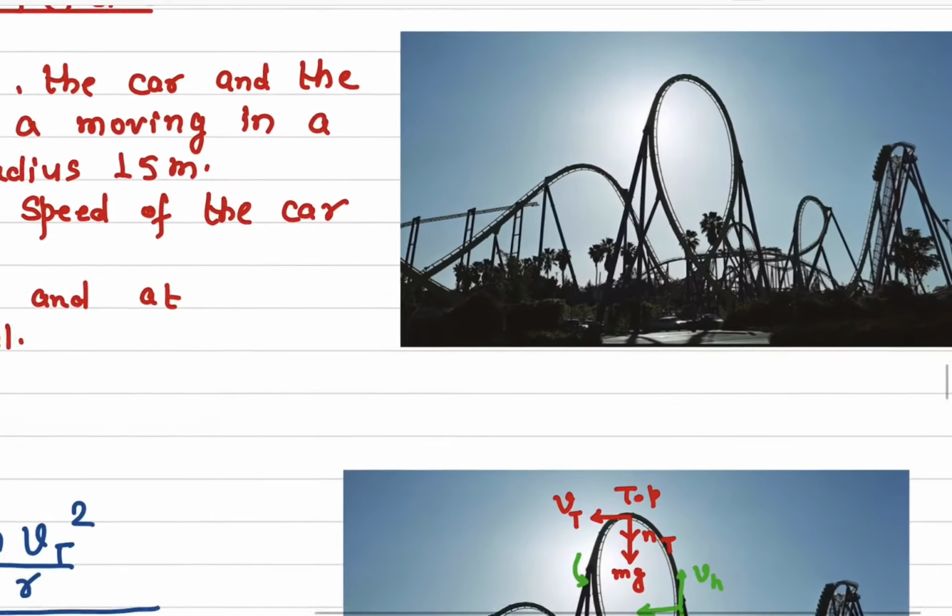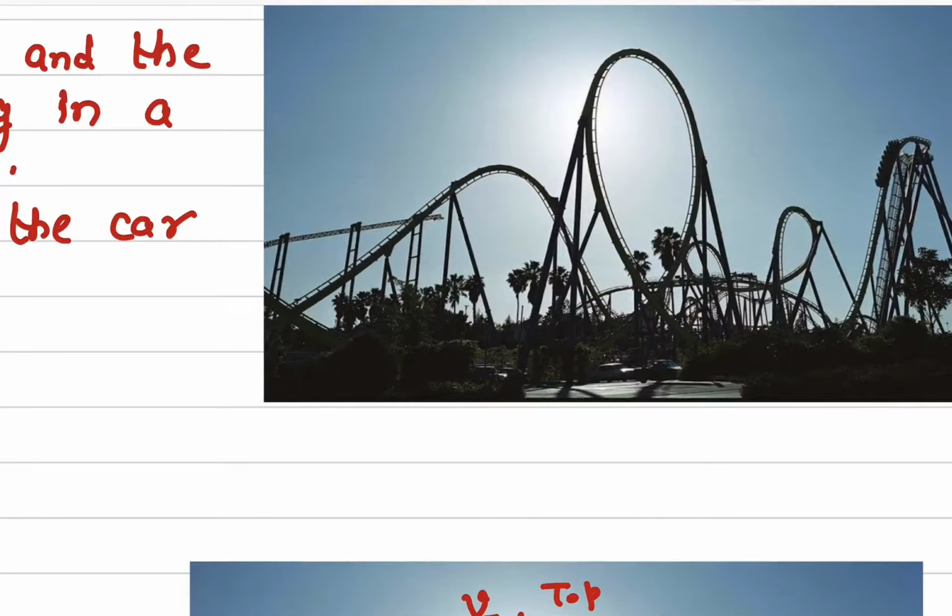The only given information is the radius, which is 15 meter. Now what should be the minimum speed at the bottom to make it a complete vertical loop? And if this is the minimum speed, what is the speed at the top? What is the speed at the horizontal level?